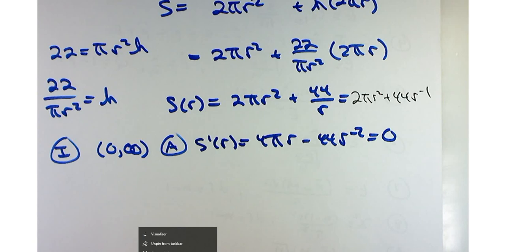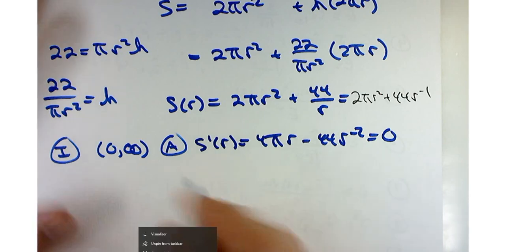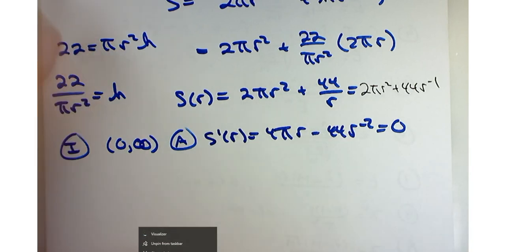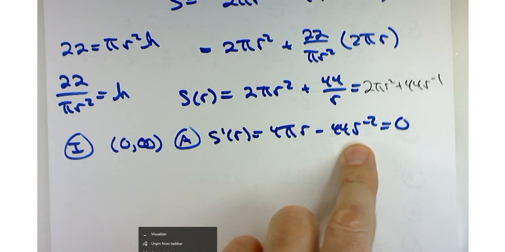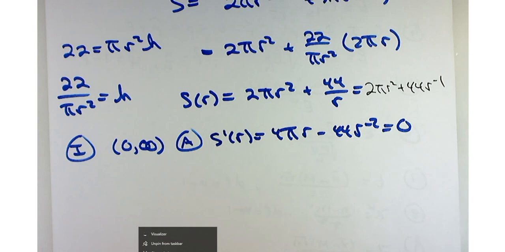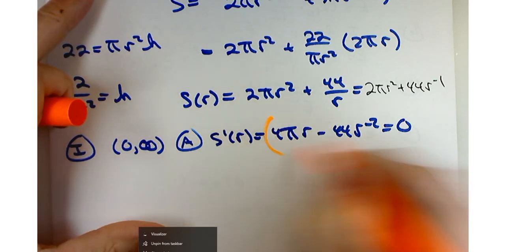We're going to play the same game we did with our previous problem. Let's set that equal to 0. I'm going to kind of cut to the chase. Really, you're dividing by r squared. So to get rid of that, I'm going to multiply everything by r squared.